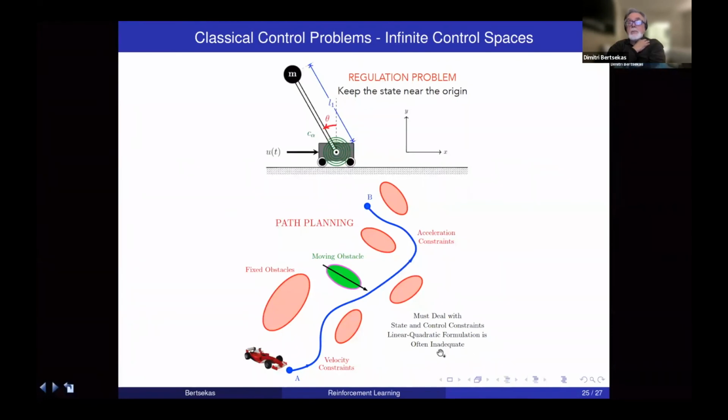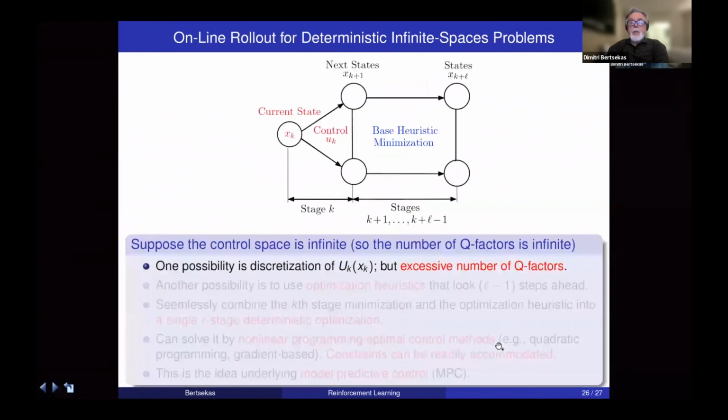In particular, model predictive control has the ability to control systems while respecting state and control constraints in a reasonably efficient, computationally efficient way. I think I mentioned, I covered model predictive control in lecture 3. I'm going to discuss here just the principle on which model predictive control is based, and we're going to come back again to it in the next lecture.